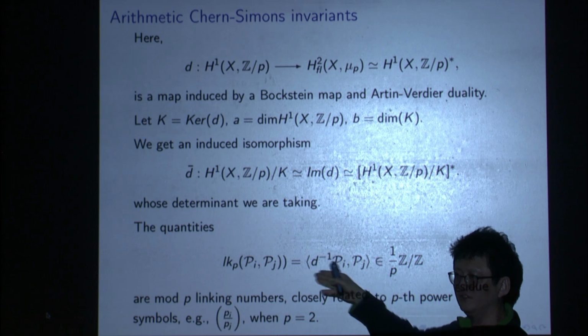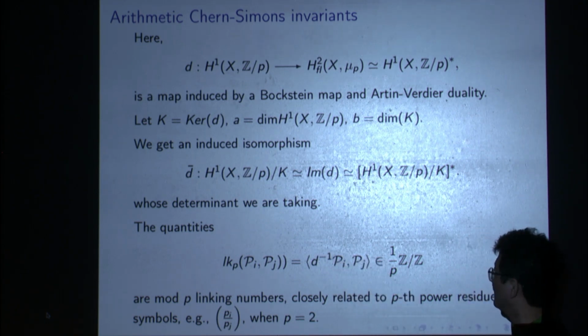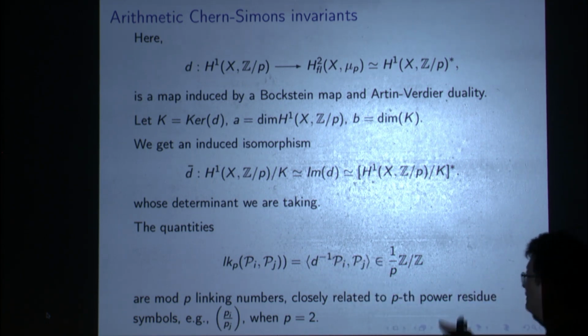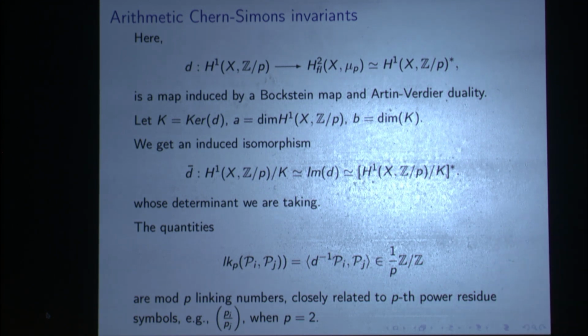So this is like choosing a Seifert surface for the prime and taking the linking. One can make sense of all of these, but number theoretically, what you end up getting is various numbers related to something that people call p-power residue symbols. These are Hilbert symbols of a higher order that come up in classical number theory.